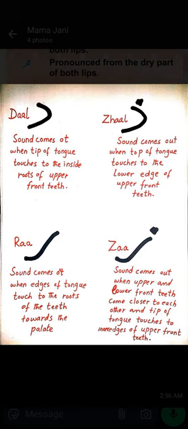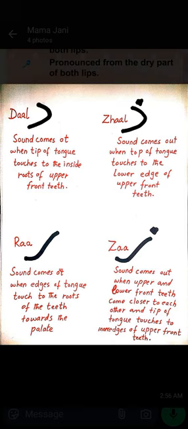So next is za. It starts with a whistle-like sound, and the sound comes out when we bring the upper and lower front teeth closer, and the tip of our tongue touches the inner edges of the upper front teeth.